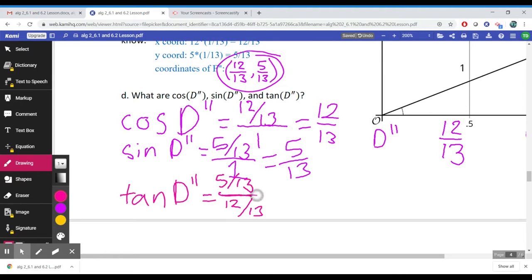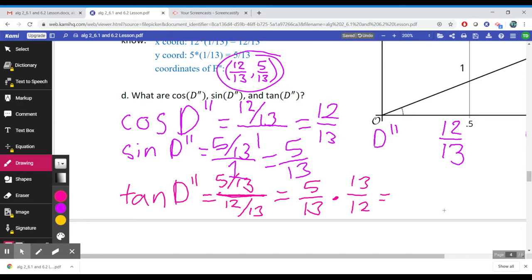And remember, whenever we have a complex fraction like this, where we have a fraction that also has smaller fractions in the numerator and the denominator, we can evaluate that by pulling the denominator out and flipping it, so multiplying by the reciprocal. So this is going to be the same thing as 5/13 times 13/12.